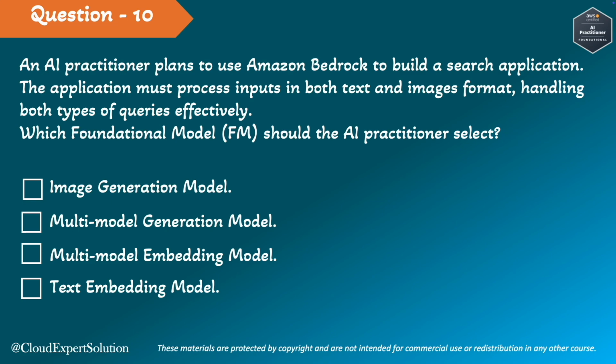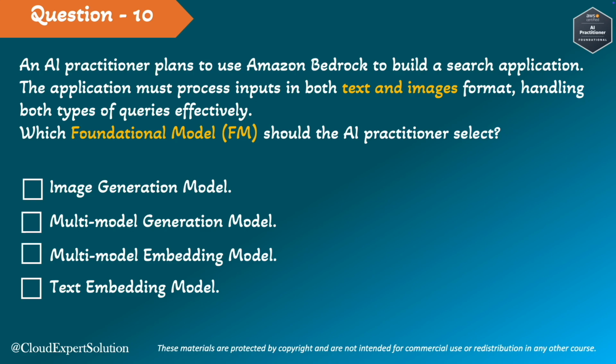Now let's identify the critical phrases. The question is talking about processing inputs from multiple modalities, that means text and images in our case, and it is talking about creating embeddings on top of that. So which foundation model has the capability? Let's review the options one by one.